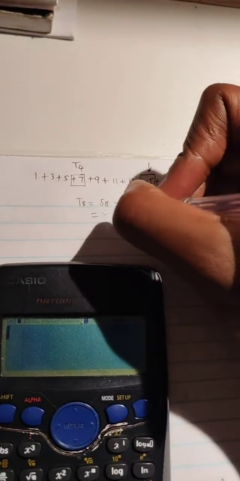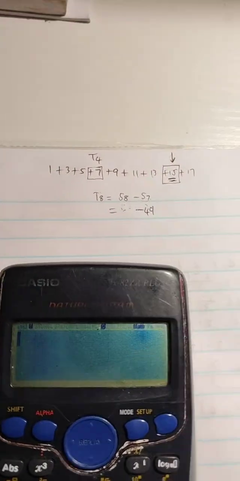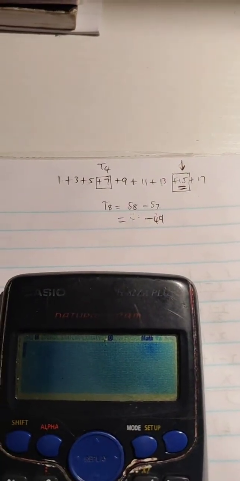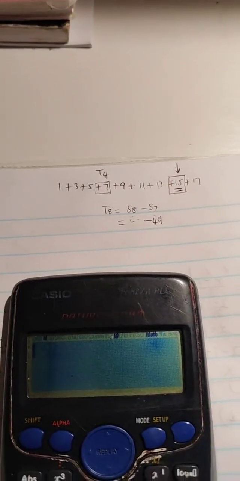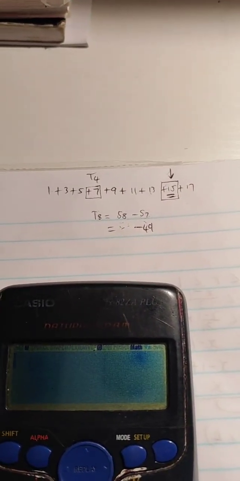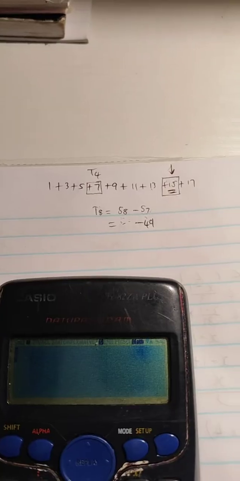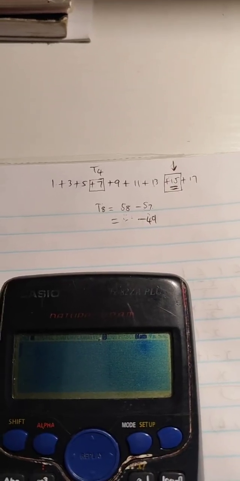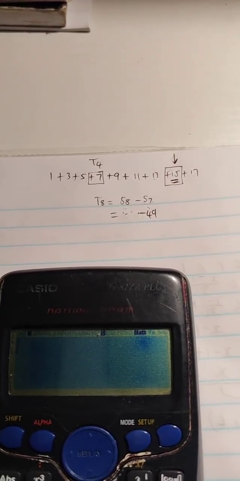Okay, Ritabile is saying the sum of the first 7 is 49. Okay, so it's minus 49. Question is, what's the sum of the first 8? 64. Thank you, thank you, thank you.